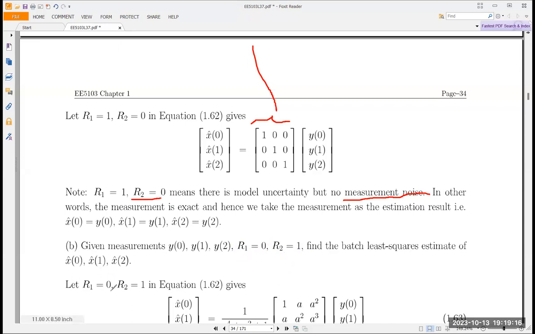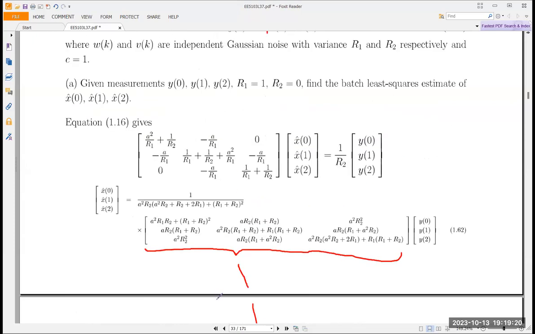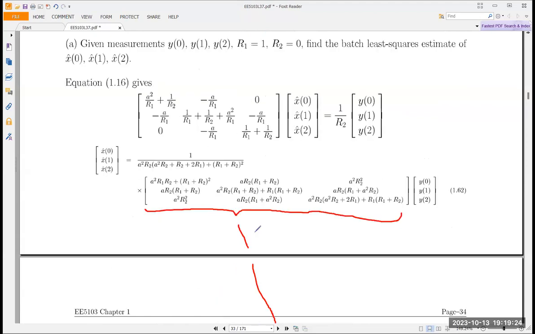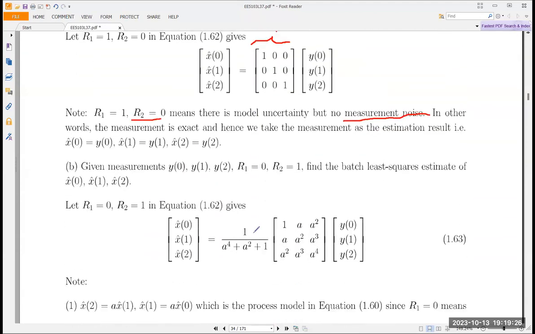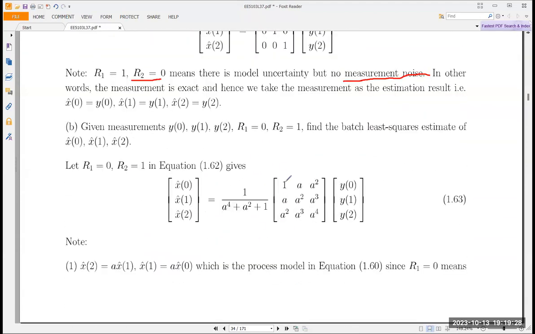So we substitute R1 0, R2 0 in 62. So 62 is this one. You put inside here, you will end up as this. Then how to interpret? If you end up as this, you will see, okay, let's see.